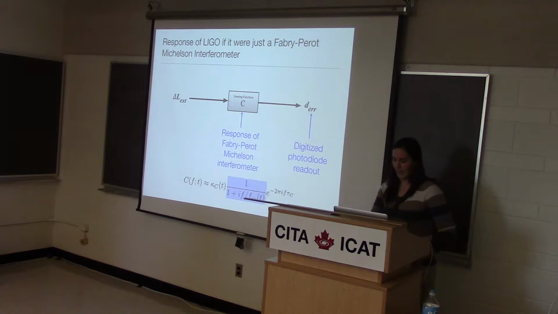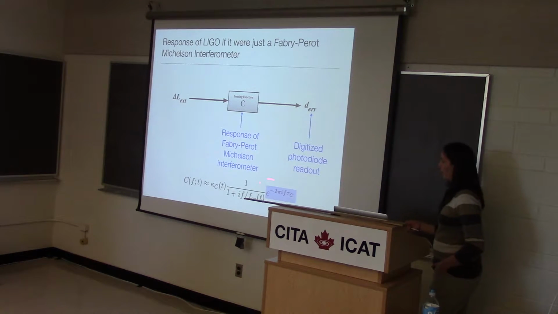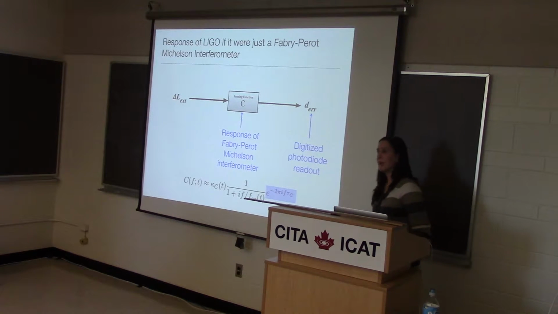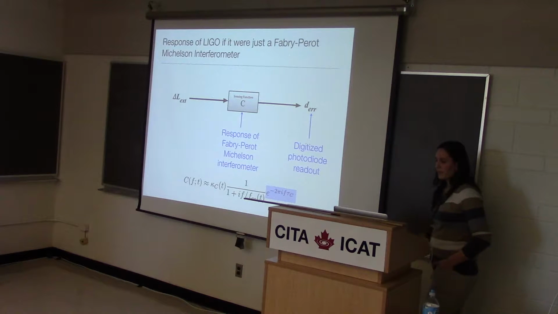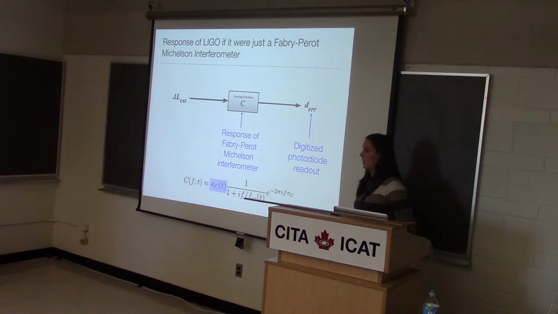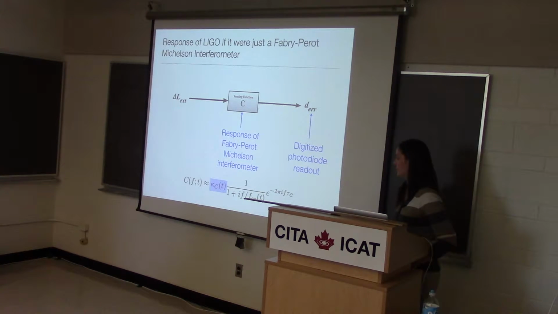In addition, you need to have a time delay in there that accounts for things like the light travel time, as well as electronic delays and computer-to-computer communications. And then finally, you need a gain factor for the overall gain of the sensing function.